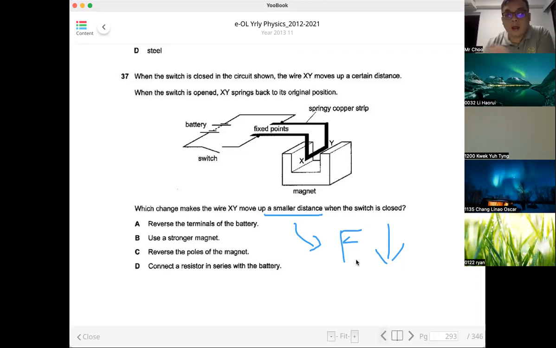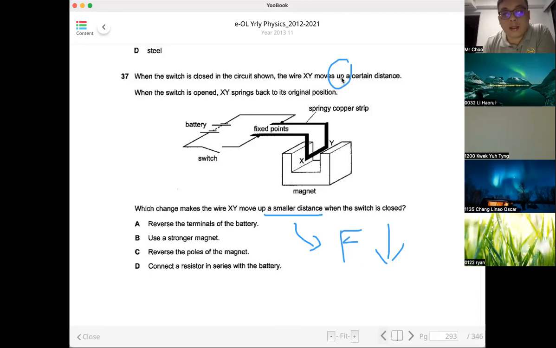Okay, Oscar, can you see when the switch is closed, the wire moves up. If you reverse the terminal, the wire will move in the opposite direction. Is that clear? So it will not have a smaller distance. If you reverse the terminal, the wire will move down.